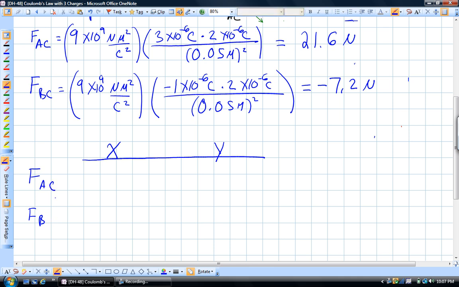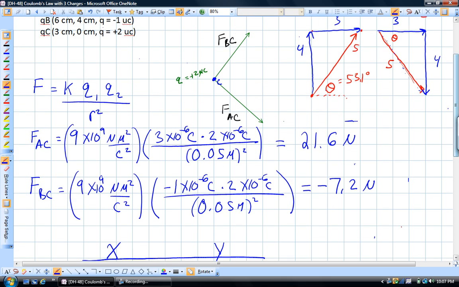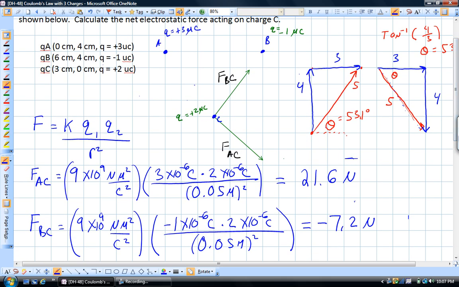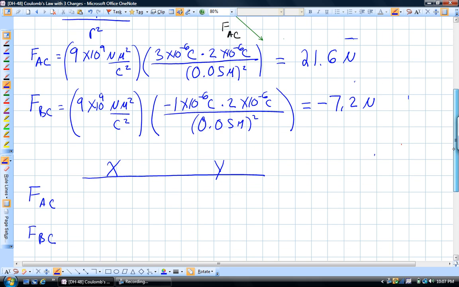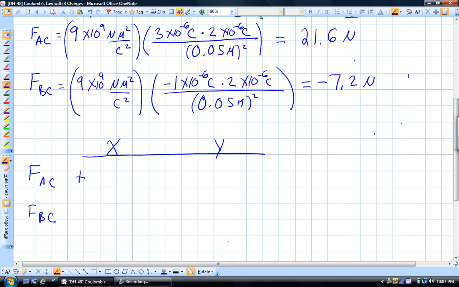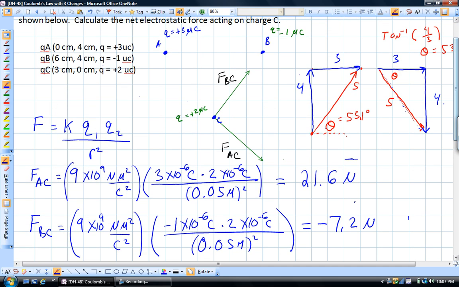Between A and C, you're going to have plus x minus y. Whereas between B and C, it's going to be plus y and plus x.